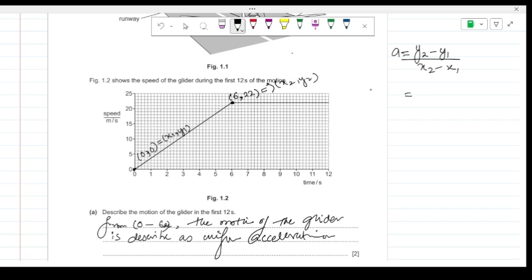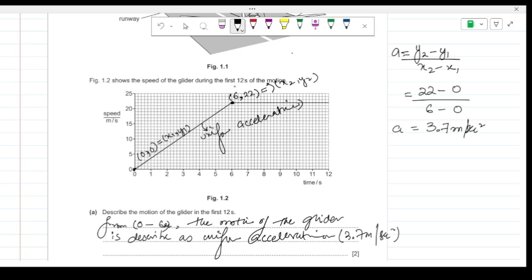Further, we calculate 22 minus 0 divided by 6 minus 0, and by using a calculator you get the answer, which is 3.7 meter per second square. You can say this is a uniform acceleration of 3.7 meter per second square.